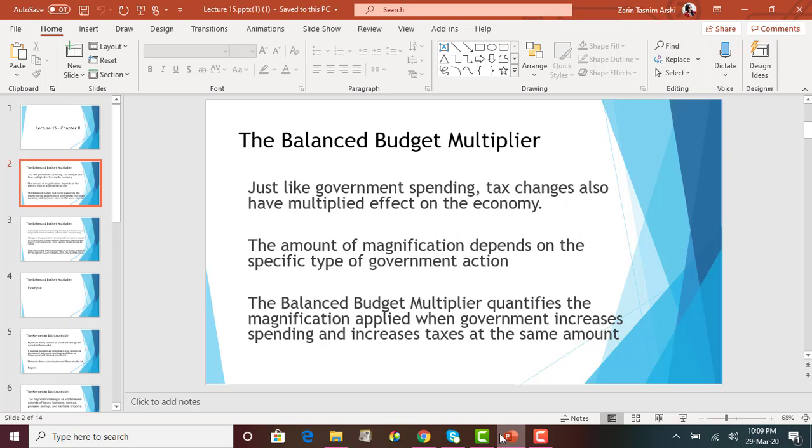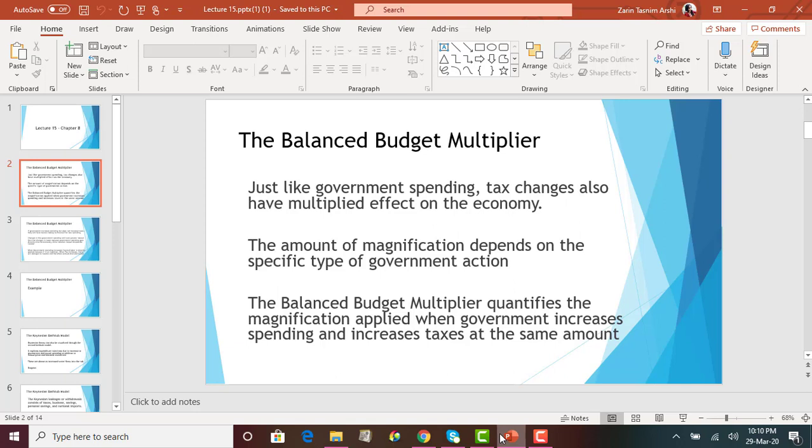When they increase taxes, there is a negative impact on the economy, which causes the output to go down by a greater percentage than the increase in tax. Finally, we compare the positive and the negative output effects and find out what the net impact on the economy is. This is known as the balanced budget multiplier.